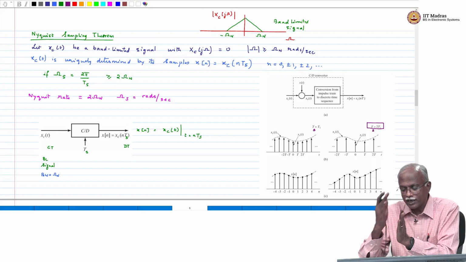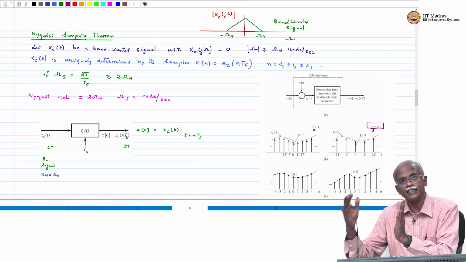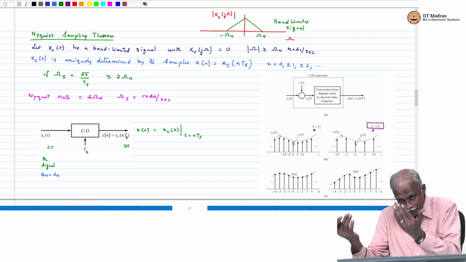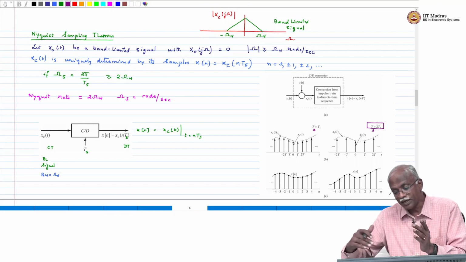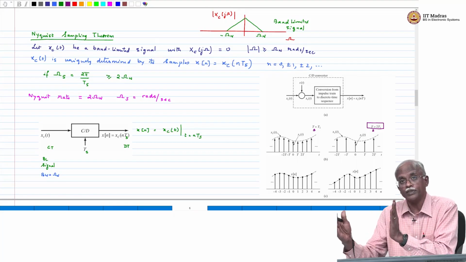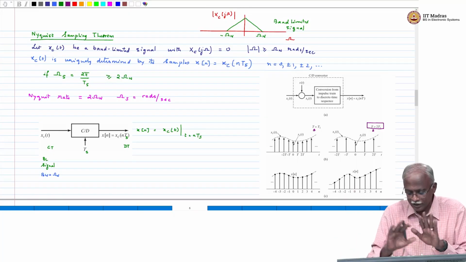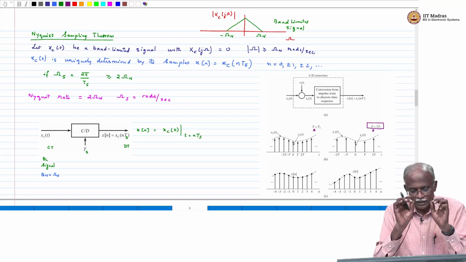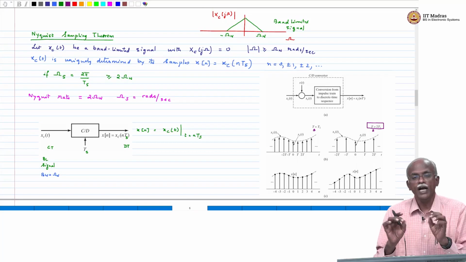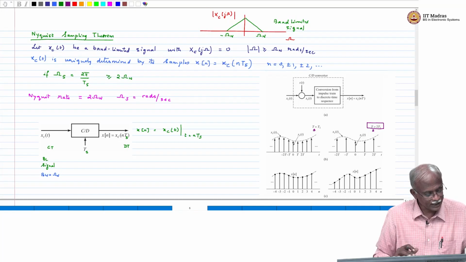And you can notice that the grid that appears is now much more dense because you are sampling at twice the rate. Both of these scenarios, if we satisfy the Nyquist criterion, we can reconstruct it. However, in the case where you have the higher sampling frequency, we are able to do a more effective reconstruction. But the basic underlying principle is that there is a Nyquist criterion which we must always be aware of and also satisfy, so that we can then convert from the discrete time back to the continuous time.